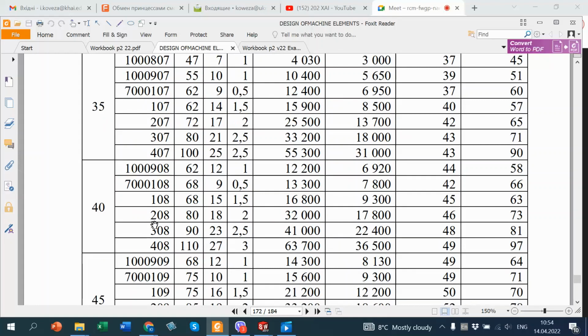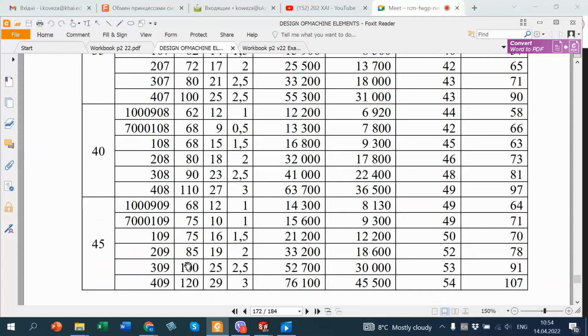It means that 308 with 41 is not enough. We should take as minimum 408, 63. So first variant, we can increase bearing up to 408. In such case, load capacity will be enough. It's the first variant.